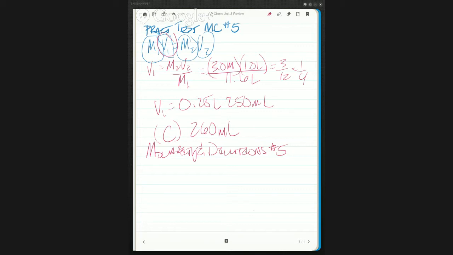This is what I should remember: it's all about the moles. I cannot emphasize moles enough. Moles, moles, moles, moles, moles, moles. Molarity equals moles over liters, so moles equals molarity times liters.